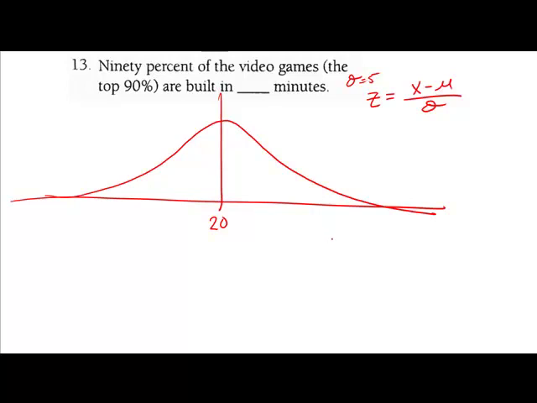And then once I have the z-score, I look it up and then find the percentage. But what would I do if I'm given the percentage to start? I need to find the z-score that corresponds to the 90th percentile.